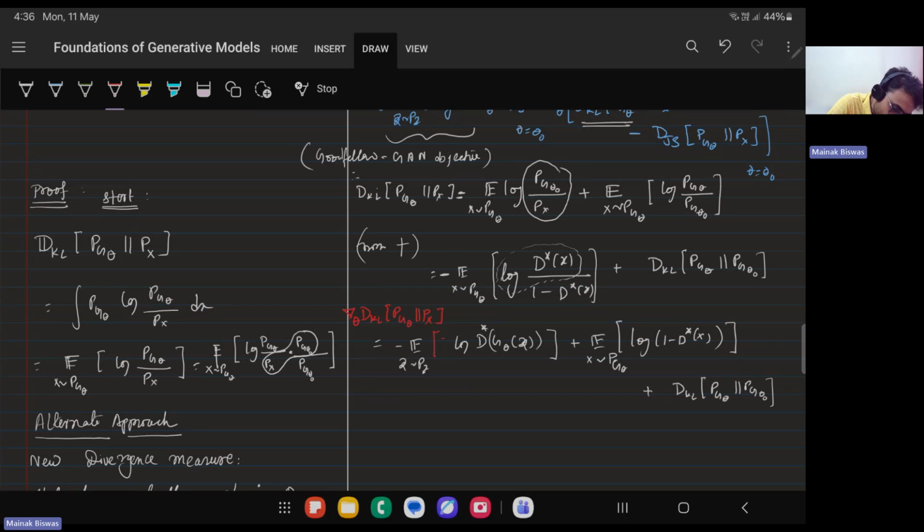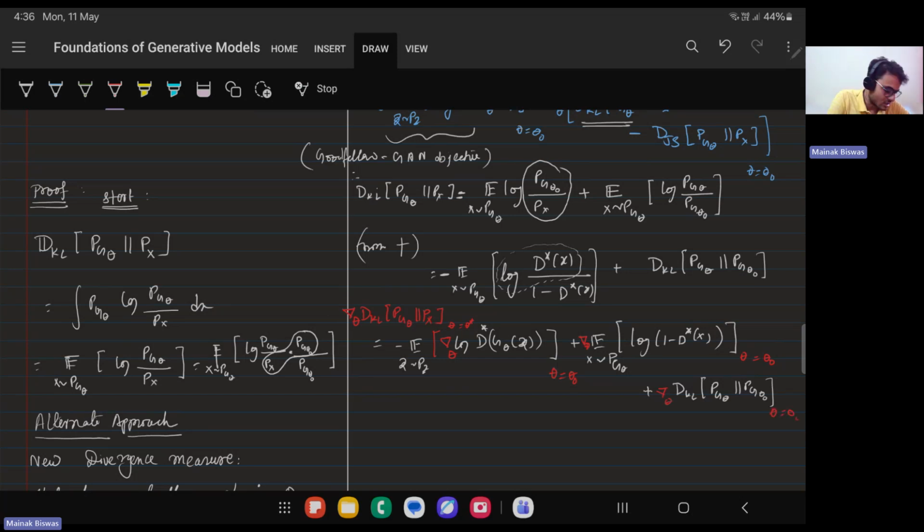This is a function of z, so I can take the theta derivative inside, at theta equal to theta_0, for which the d star is defined. Take the derivative and put the value at theta equal to theta_0.